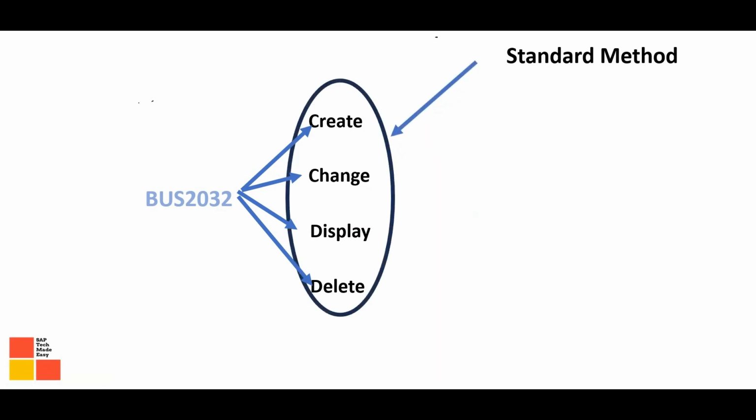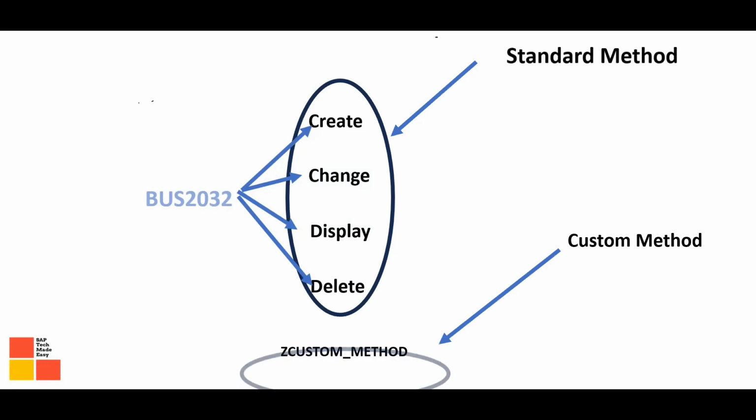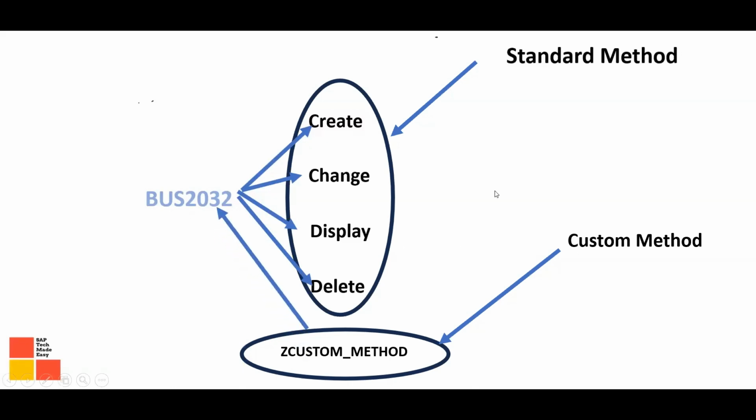Now, in these standard methods, if you want to add one custom method, and also call this custom method from the standard business object, then we can use the delegation.